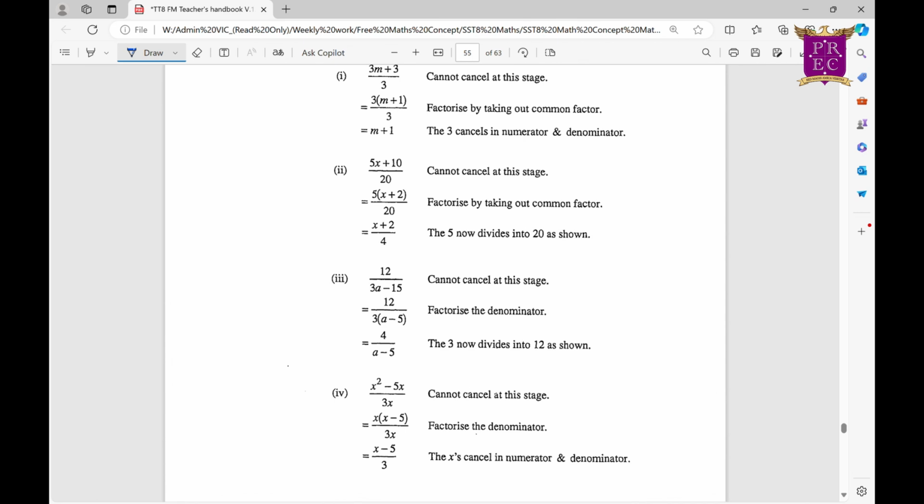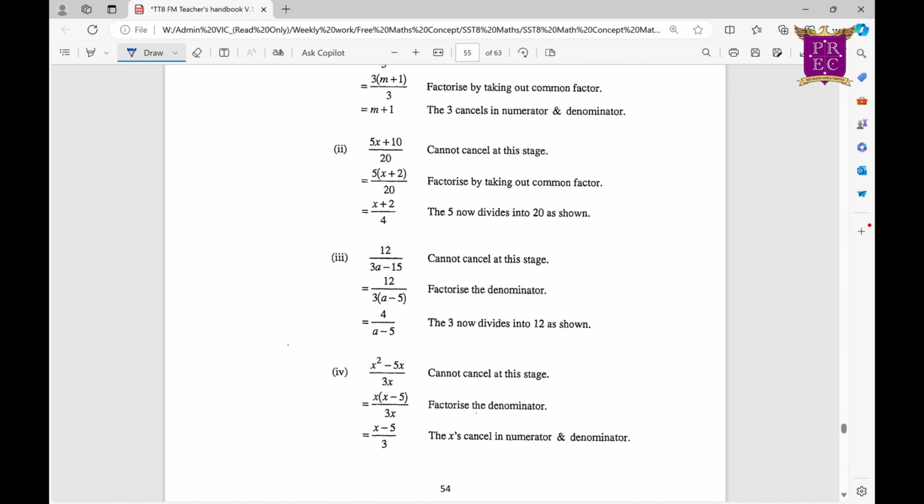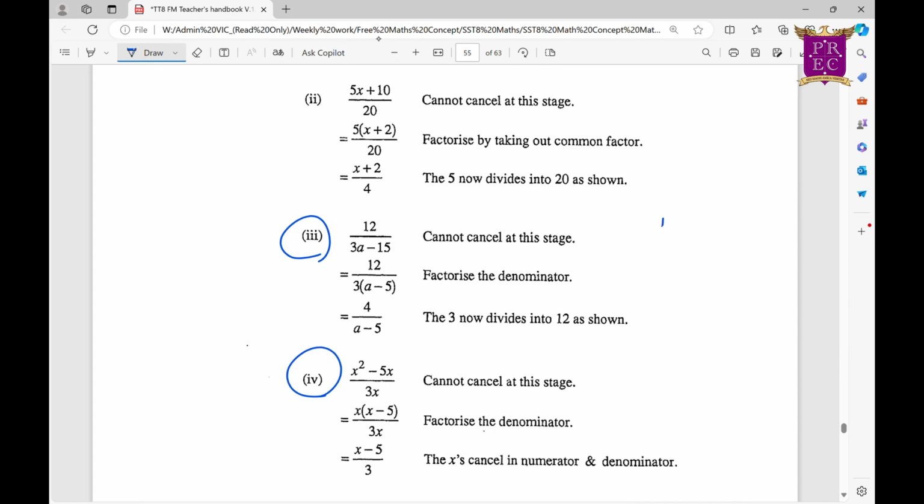So for example, we'll do a more complex one. Let's do example 3 and example 4. So we are given 12 over 3a minus 15, and they're asking us to simplify that.